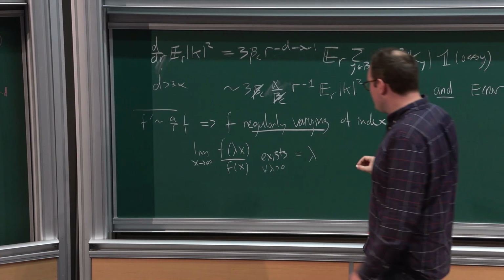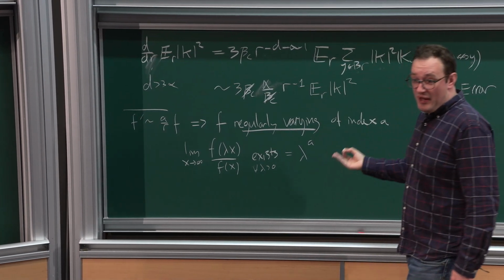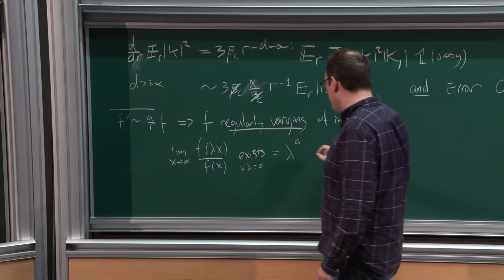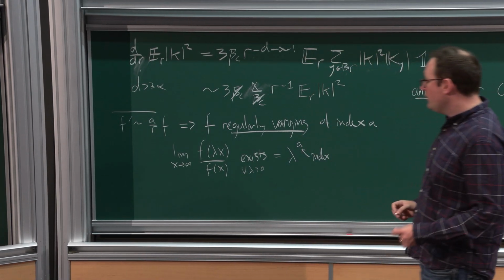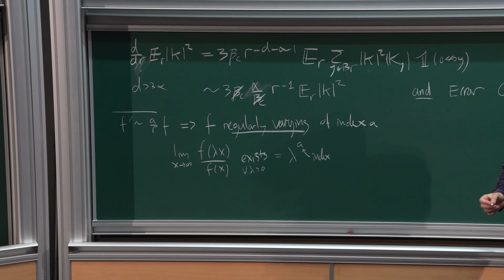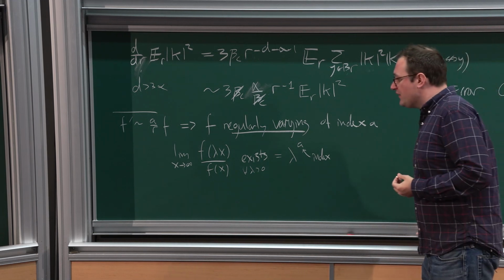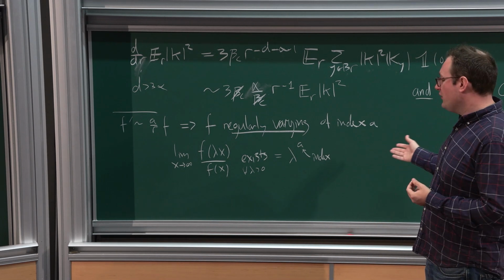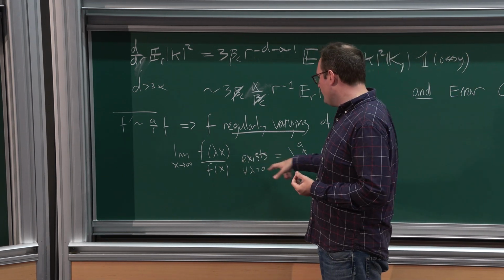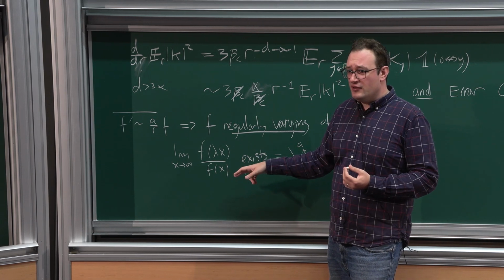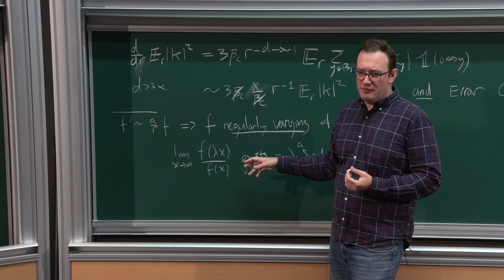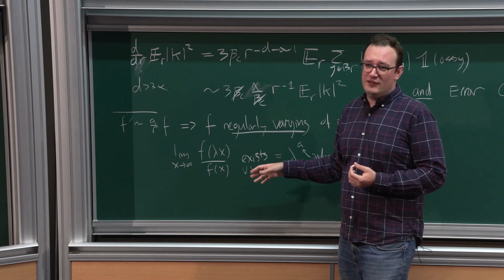If it exists, then it has to be a power of lambda, and this power is called the index of regular variation. So, when the index is 0, they're called slowly varying functions. Moreover, there are a lot of nice theorems about functions of regular variation. By the way, in order for this to be true, you need some very mild additional assumptions on your function. For example, it being measurable is enough.